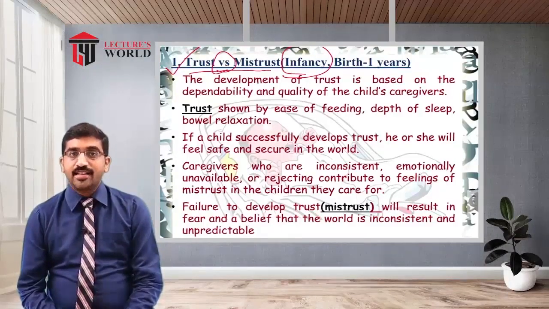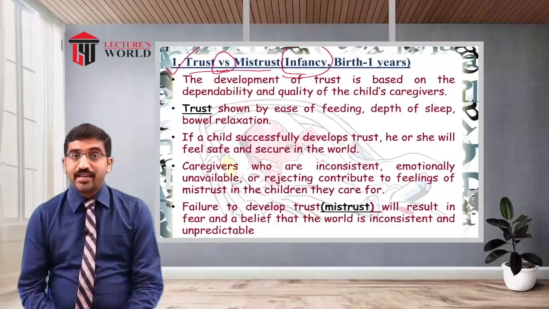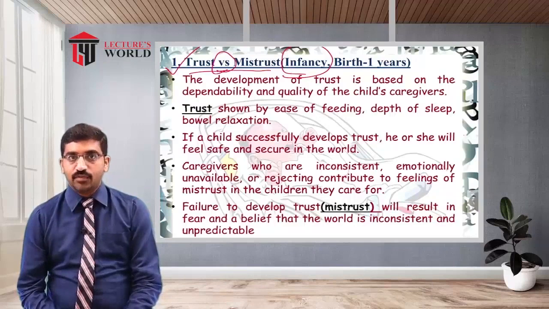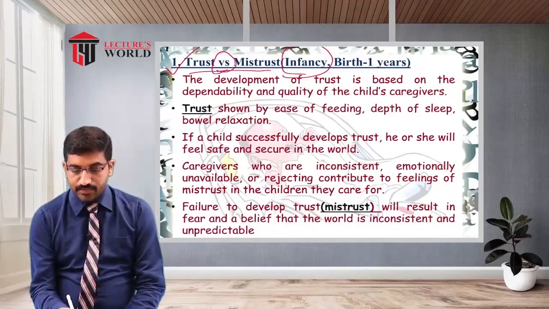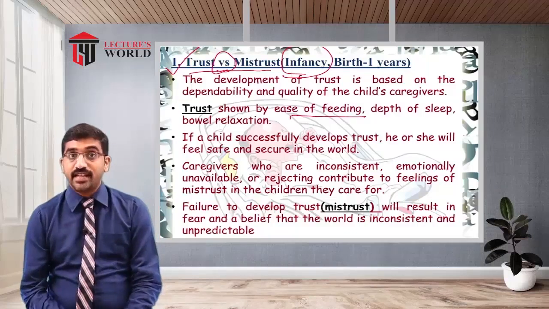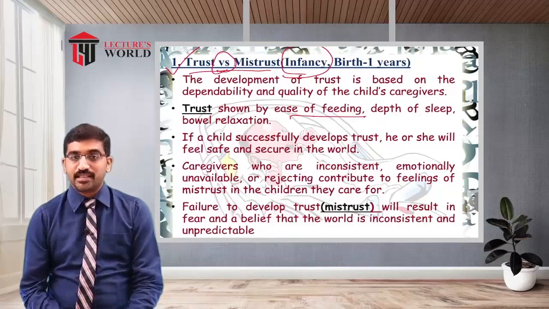Being a child, they trust their parents, ultimately their mother, mostly, or any caregivers they are trusting. So how does trust develop? Like ease of feeding, because mother is feeding and they feel more easiness, they feel more comfortable in the hands of their mother.